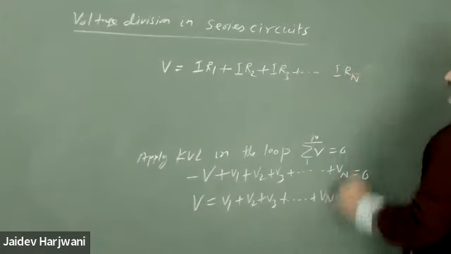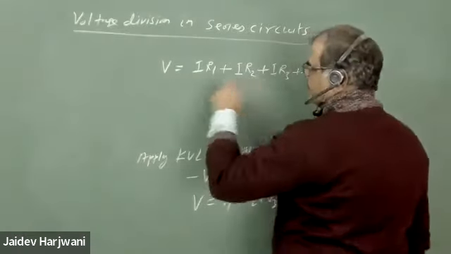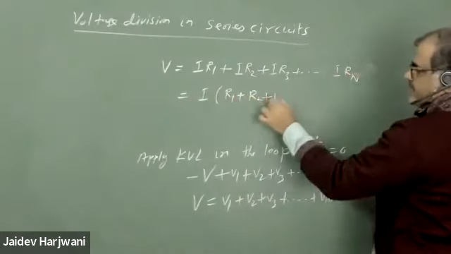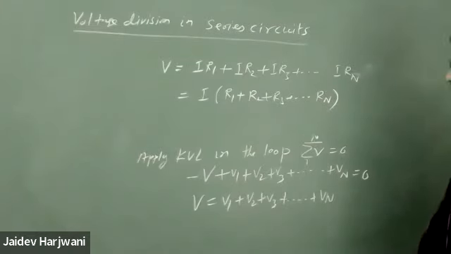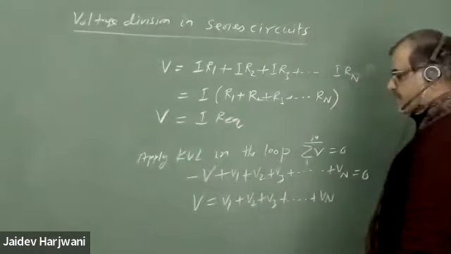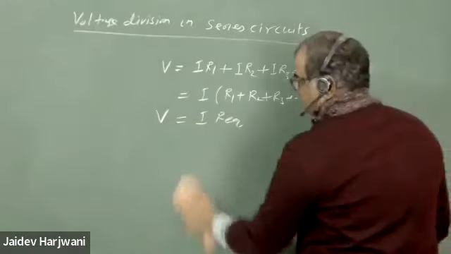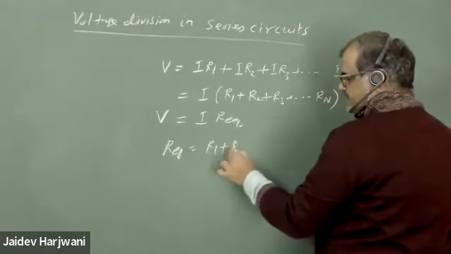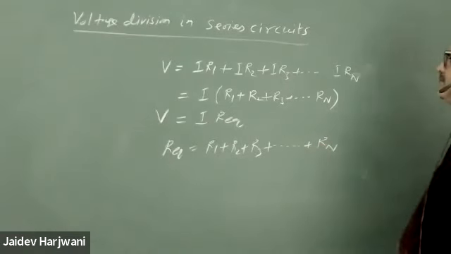Now if I take I common, I can write I times R1 plus R2 plus R3 and Rn. Now if I write this as R equivalent, V will be I times R equivalent, and R equivalent when resistors are in series will be R1 plus R2 plus R3 and so on up to Rn.